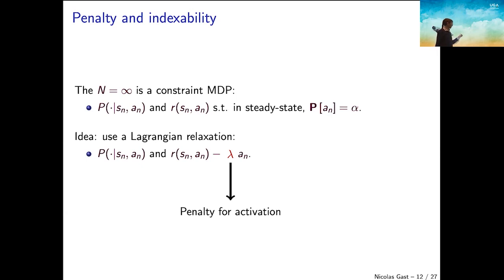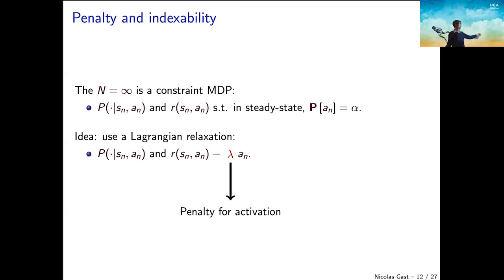Now the idea is that if you have a problem with a constraint, one natural thing to do is to use some Lagrangian relaxation. Here I relax this constraint of probability alpha by just putting a cost lambda to choose the action, action 1.